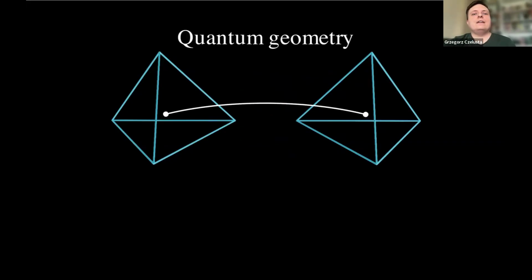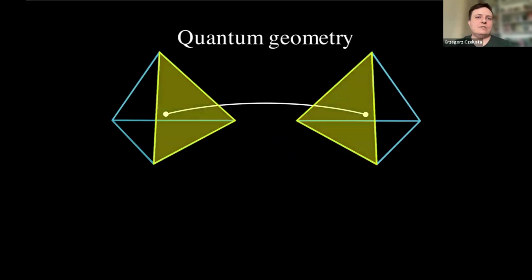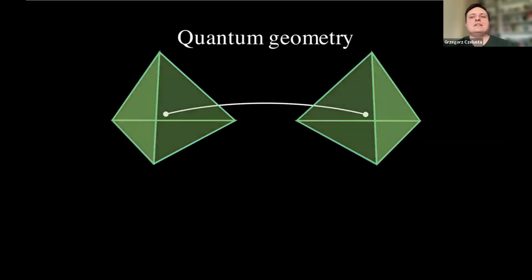So, for example, consider 2 tetrahedra glued along one common face, and the shared face corresponds to an internal link connecting two vertices, and the remaining 6 faces form the boundary of the total region of these 2 tetrahedra.